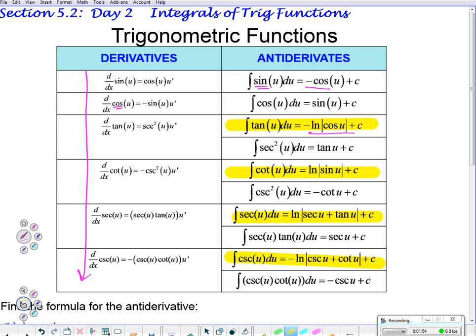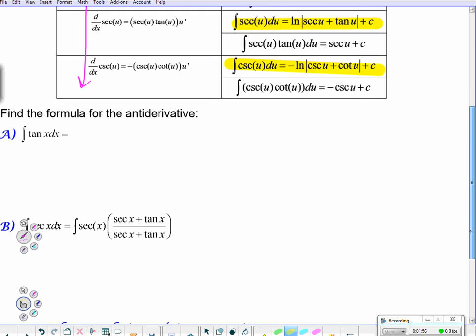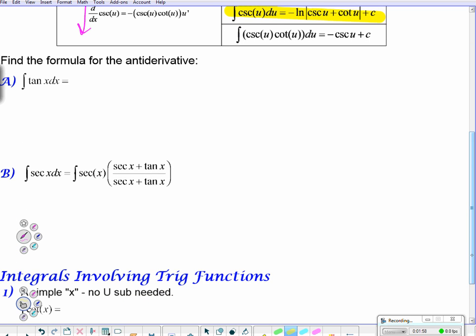So let's proceed. Find the formula for the antiderivative of tangent. Well, the antiderivative of tangent could be rewritten as sine x over cosine x. Use the identity about tan.